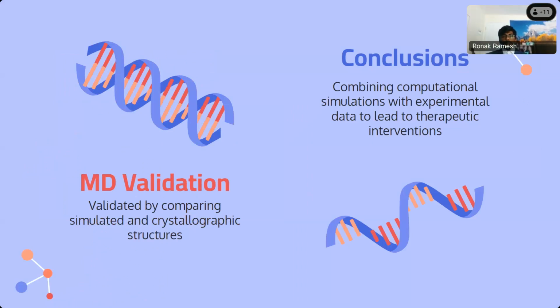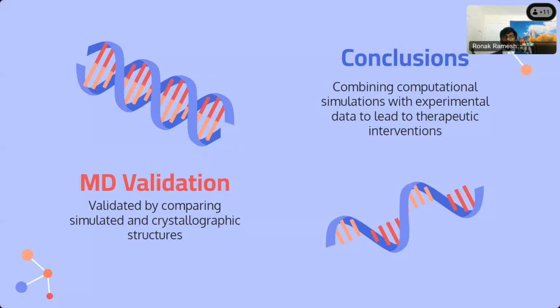For conclusions, I came to the conclusion that by cross-referencing simulation data with crystal structures from the PDB database, I was able to validate the accuracy of molecular dynamic simulations. For example, when I found that the calculated RMSD value of the comparison between the crystal wild type and the MD wild type was only 1.7 angstroms, it showed me just how accurate the MD simulations really are.